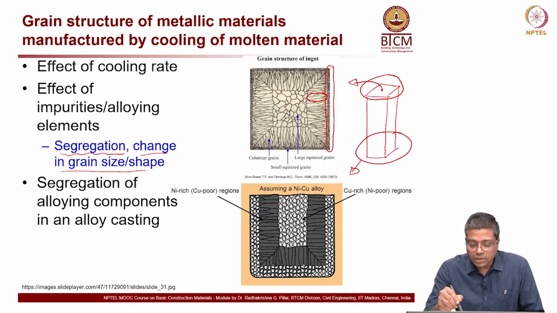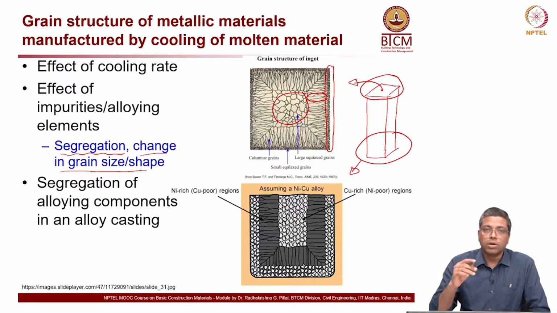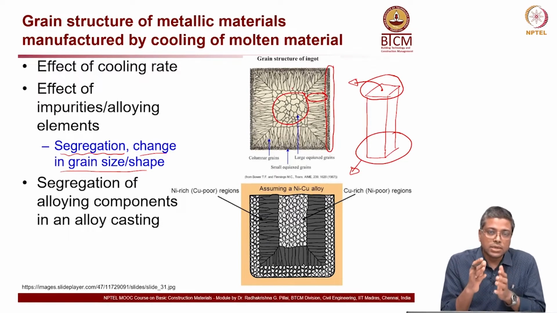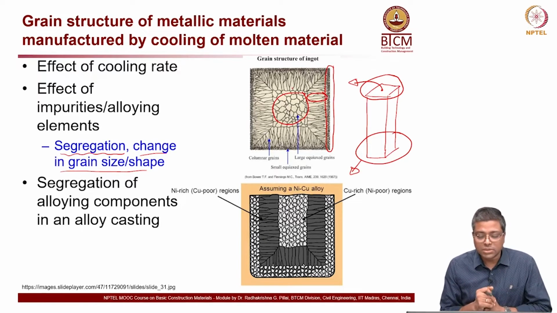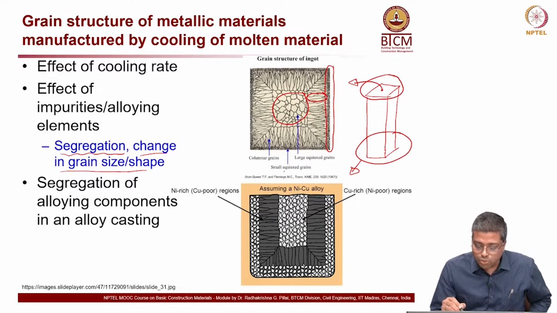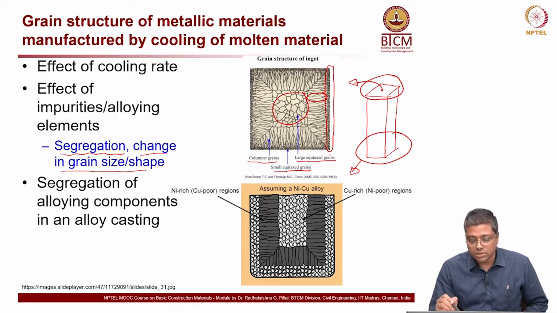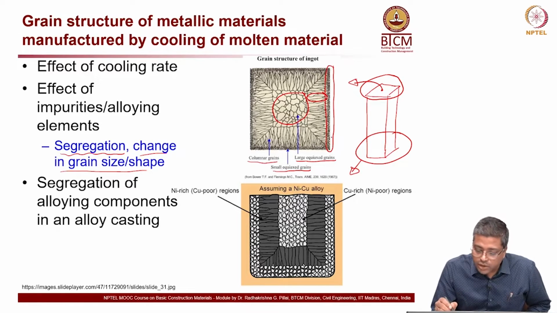And then towards the center you have equiaxed grains, where the axes in both directions are more or less similar in size. Columnar grain, small equiaxed grain: small equiaxed grain along the border, columnar grain in between, and then towards the center you have large equiaxed grains. So, here you can see very fine grains.